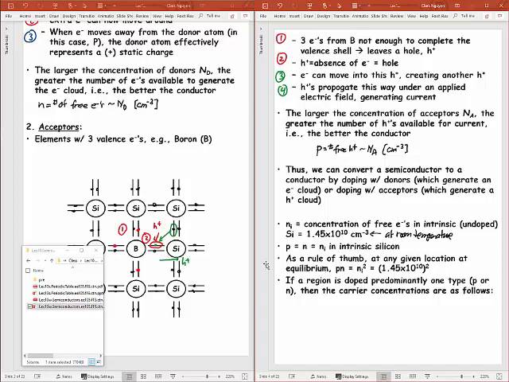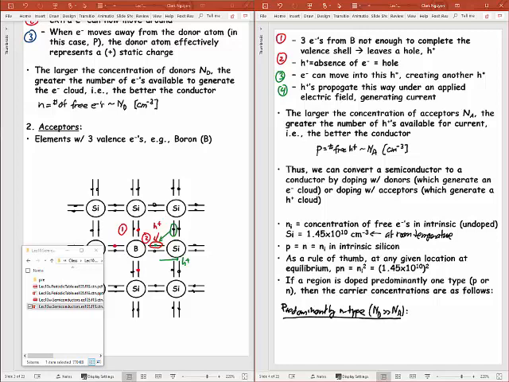Another way to write this: say I take silicon and I predominantly N-type dope it. That means that N sub D, the N-type doping concentration, is much greater than N sub A in that particular portion of silicon.